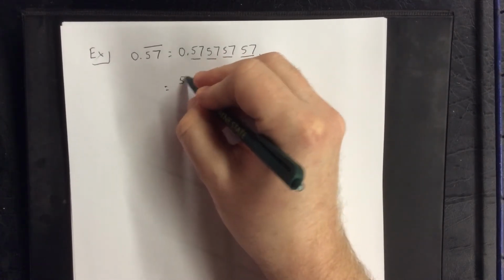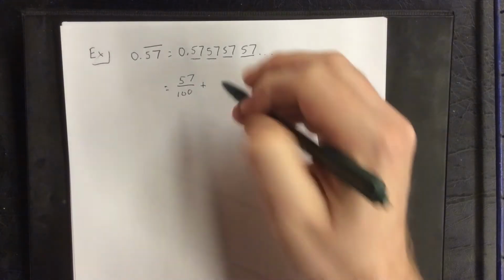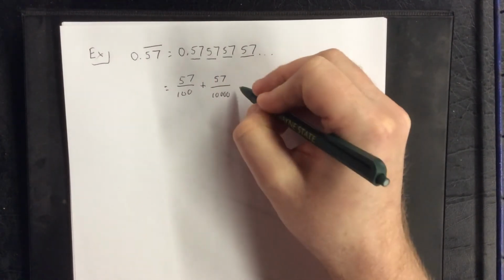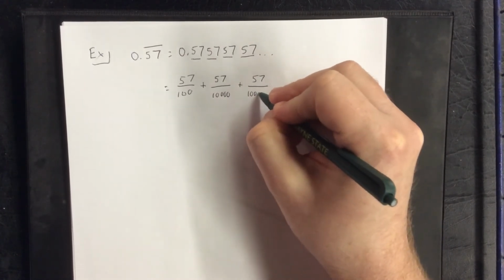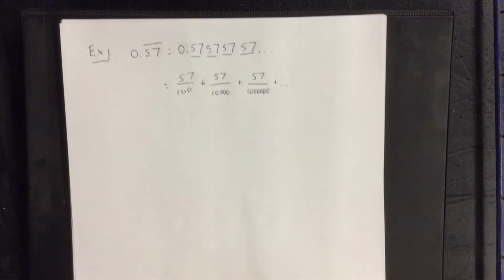So the first 57 that we get would be 57 over 100. The next 57 that we get would be 57 over 10,000, or 57 10,000ths. The next 57 that we get would be millionths, and so forth and so on.